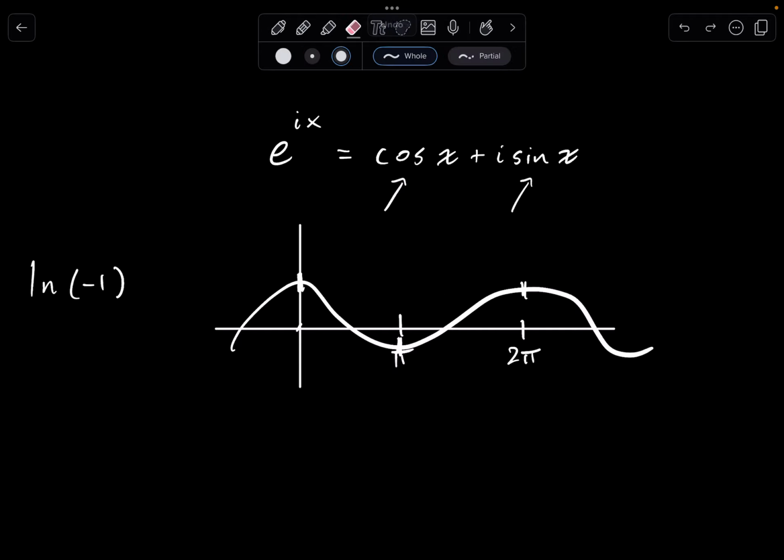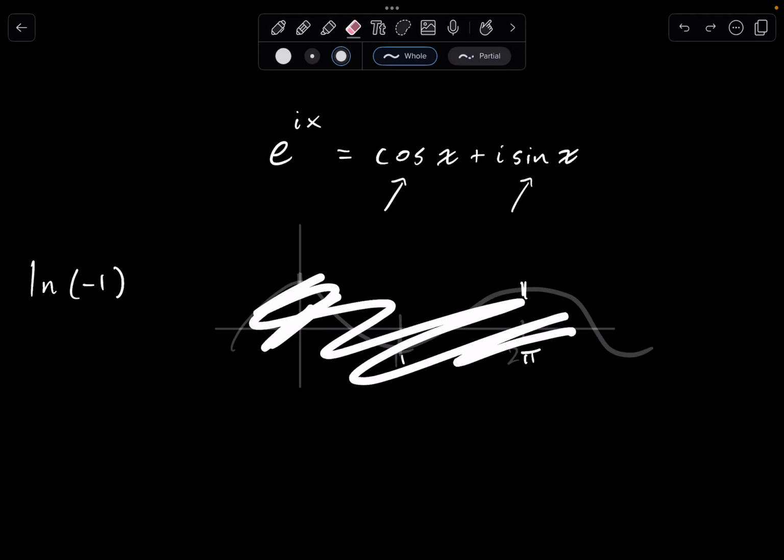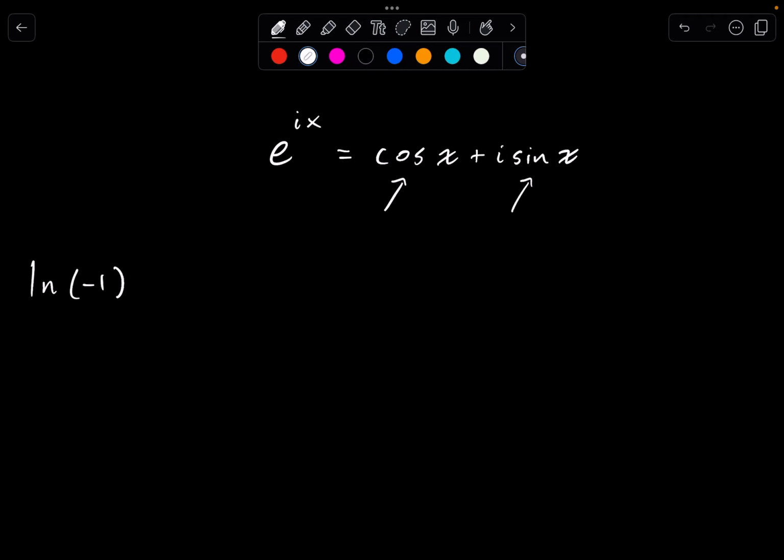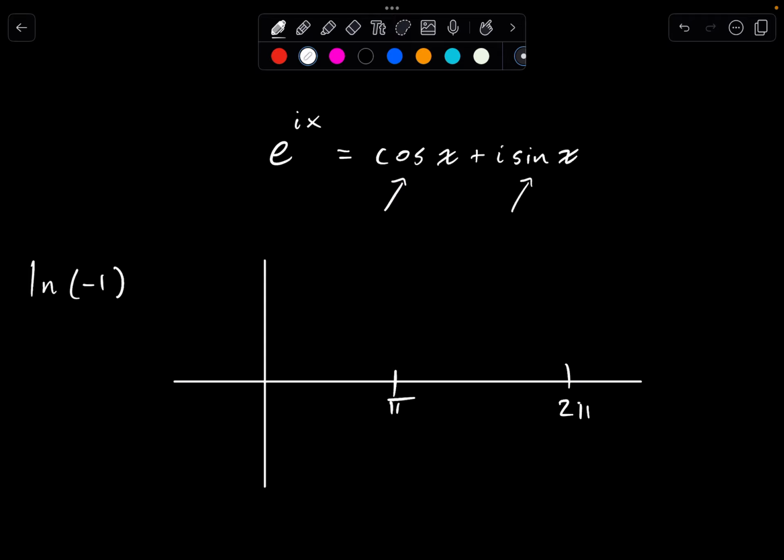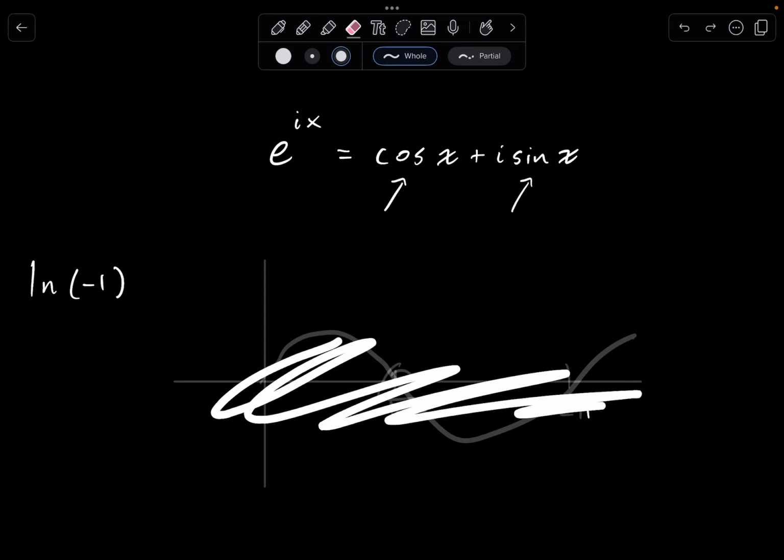Oh, that's a bad graph. But if we look at sine, more like this. Sine is more like this. At pi and 2 pi, it has its zeros as well. So we know that cosine and sine are built around the concept of pi.